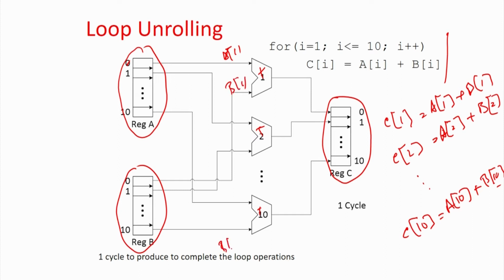This is B10, this is A10, right. I am reading array A from 1 to 10, array B from 1 to 10, summing A1 and B1 and storing it to C1, this is C2 and this is C10, right. So, this is how this whole operation works. All these 10 operations are running in parallel and I need only one clock cycle to execute the whole thing, right.